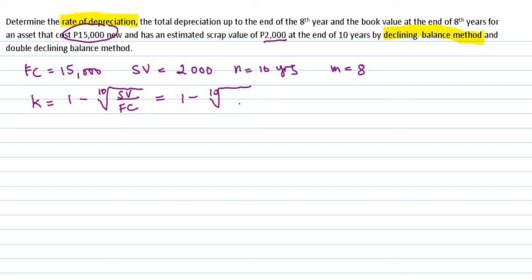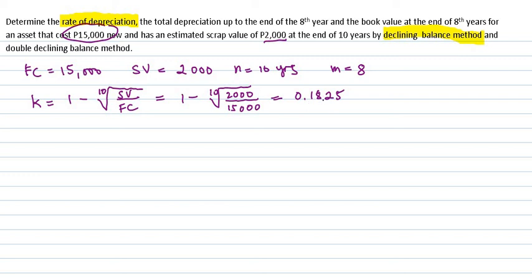This is 10th root of 2,000 divided by 15,000. So if we solve this one, the equivalent is 0.1825. We round it to 5.